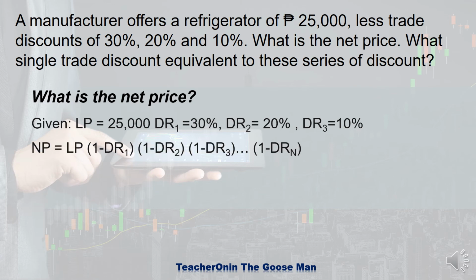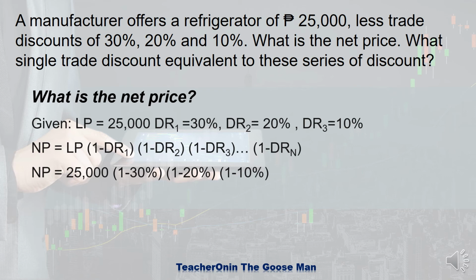Now, since our formula is net price is equal to list price times 1 minus discount rate 1 times 1 minus discount rate 2 times 1 minus discount rate 3 and so on, we will focus on the three discounts, namely 30%, 20%, and 10%.